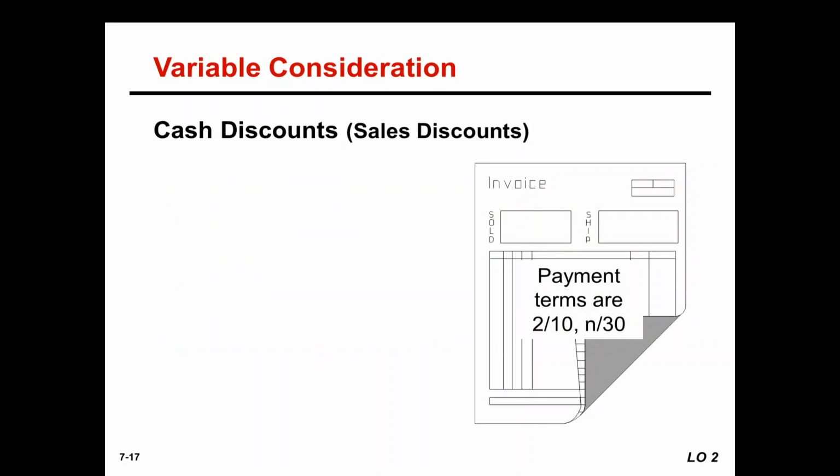And the second one is cash discount, or called sales discount. It is offered to induce prompt payment. As we mentioned before, the variable that we need to consider in accounts receivable or any receivable is when we receive the payment from our customer.